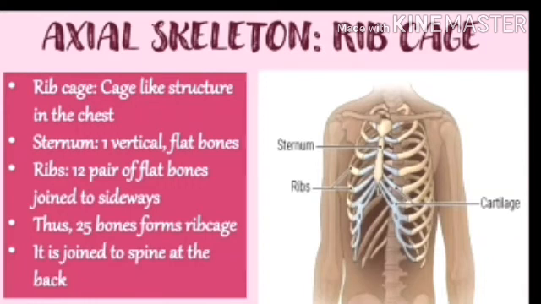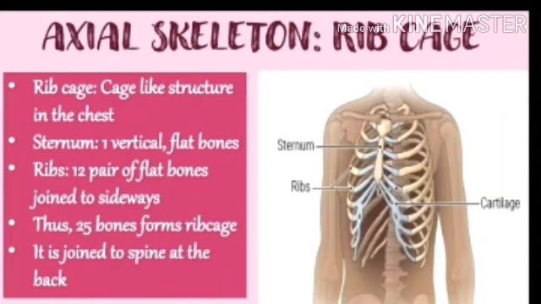In the chest, there is one vertical flat bone at the center, called the sternum. On both sides there are 12 pairs of flat bones called the ribs, joined to it sideways. 12 pairs means how many bones? 24 bones.